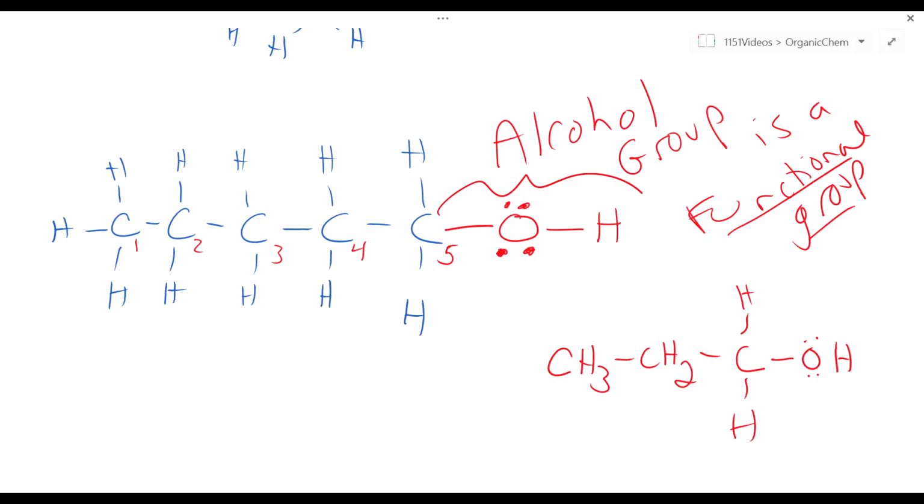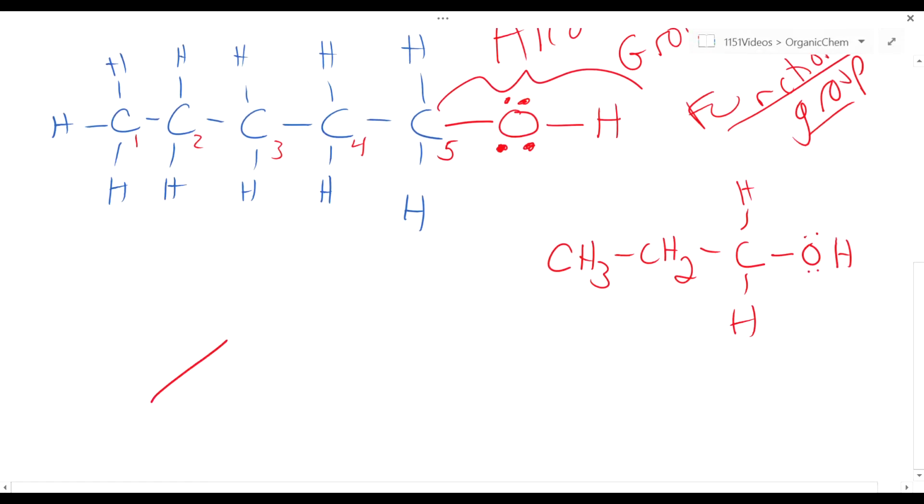So just memorizing OH is the alcohol group is one. And recognizing the OH, with nothing else and the rest of it hydrocarbon, is something you're going to need to do. Now whether you draw it like the first one, the second one, or what if I did the skeleton format and stuck an OH off of this carbon here?